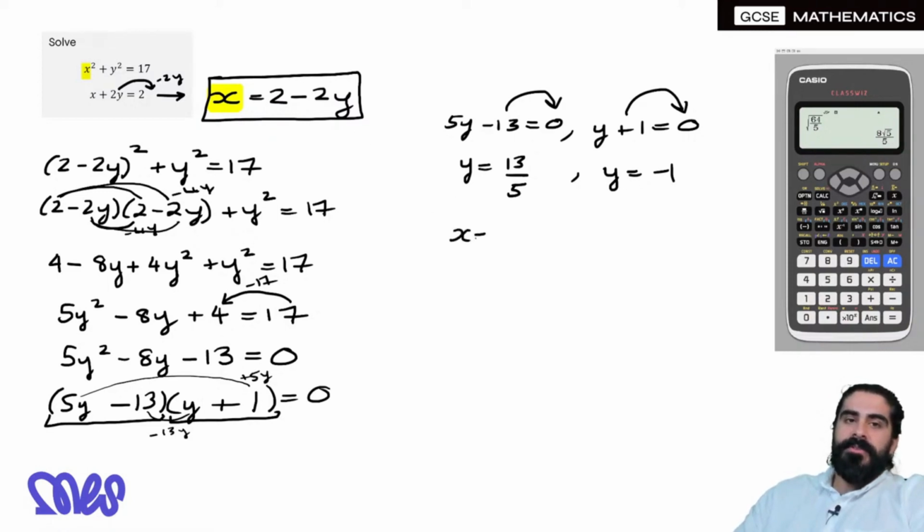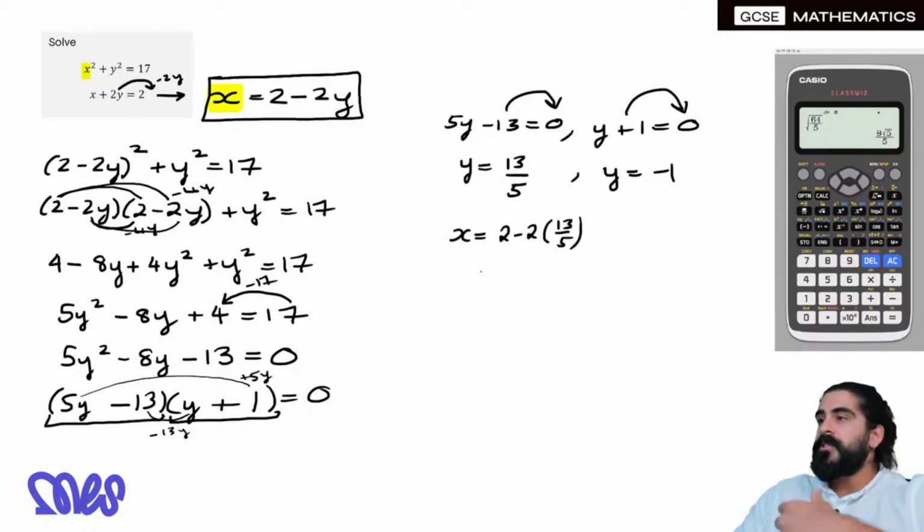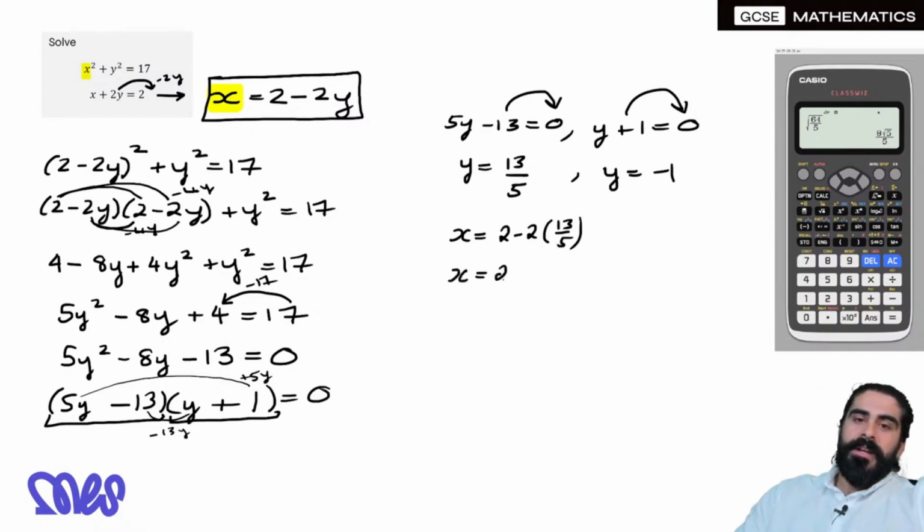So x equals, now it'll be 2 minus 2 times 13 over 5. So if it's a non-calculator paper, how are we going to do this nice and quick? We're going to have 2 minus. Now when you do 2 times a fraction, you always times the numerator. So it'll be 26 over 5. Then you have to combine this.